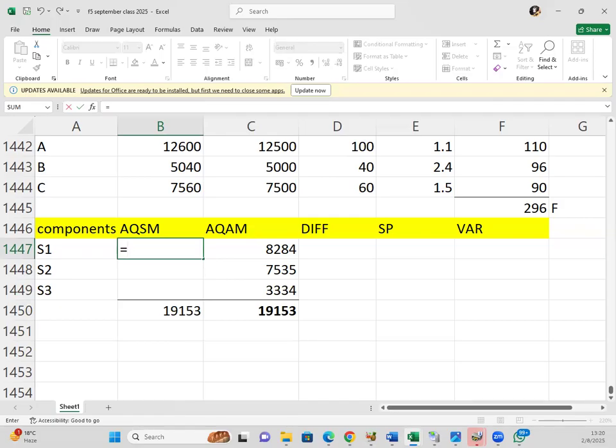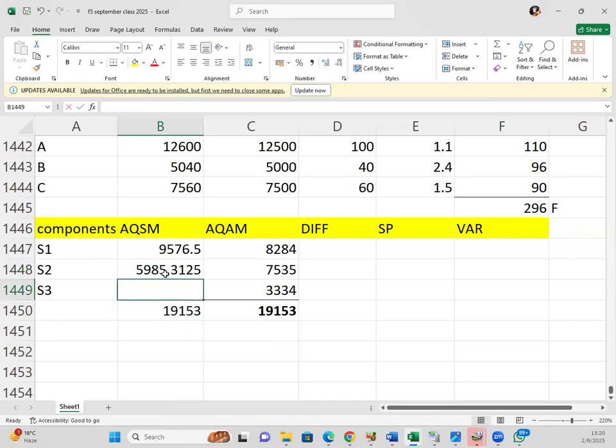8, 5, 3 total, that's 16. So the first one, it would be 8 over 16 times the amount we are sharing. Same goes with the second one, that's 5 over 16 times the amount we are sharing.